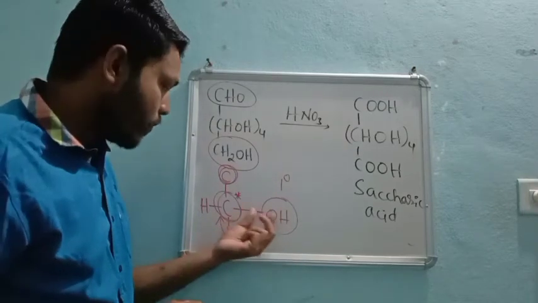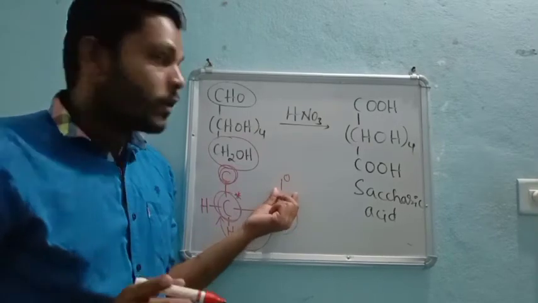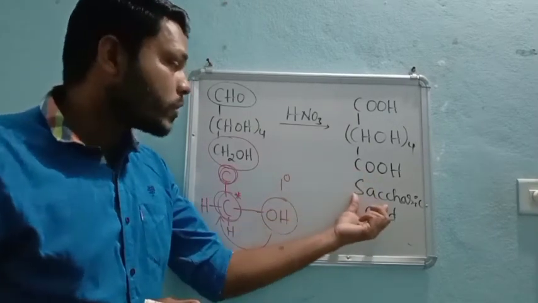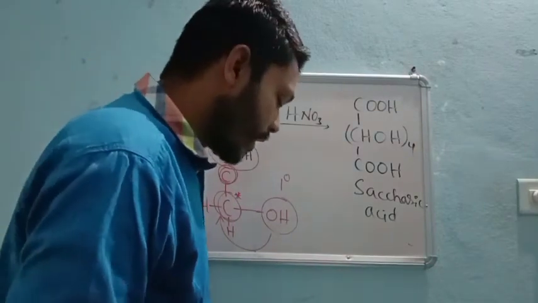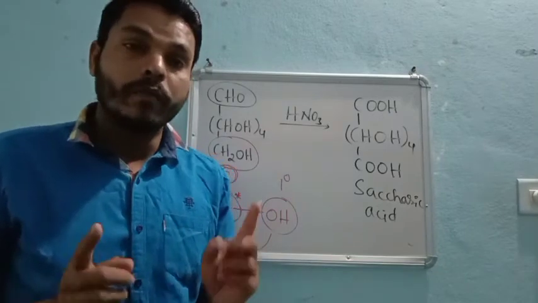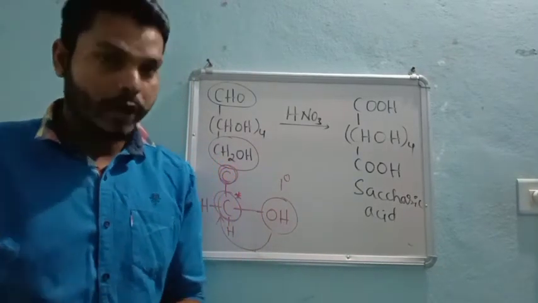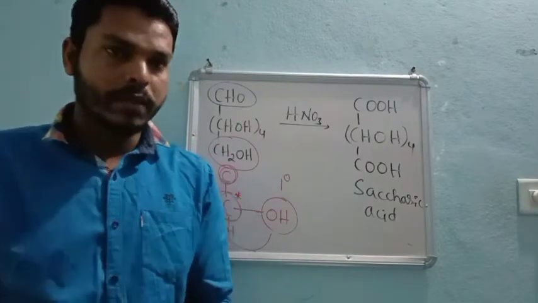To this central carbon atom there are two H, one C and one OH. So with respect to this, it is a primary OH group. That's why, after the formation of saccharic acid, we can confirm that there is one OH group which is a primary OH. So this is all about the glucose structure.